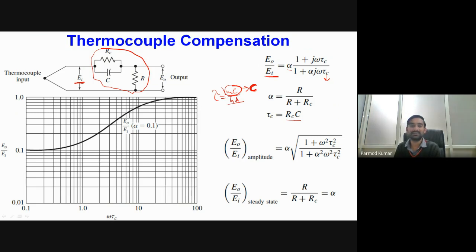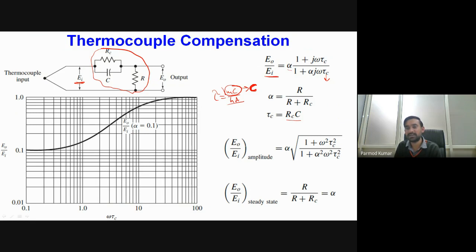Similarly, in this electric circuit we define a characteristic time which is RC times C, and alpha is a parameter equal to R divided by R plus RC, where R is the load resistor and RC is the resistor connected across this capacitor.